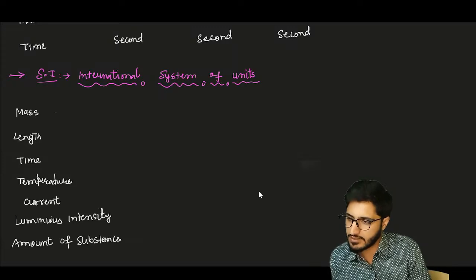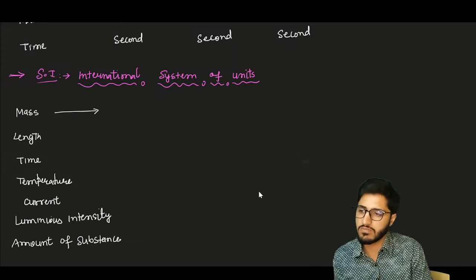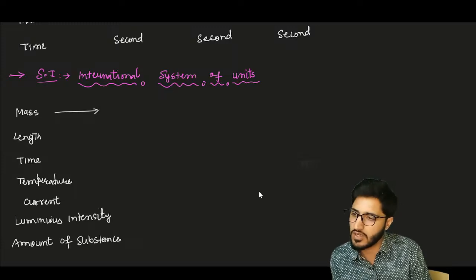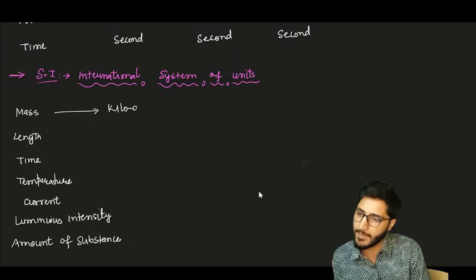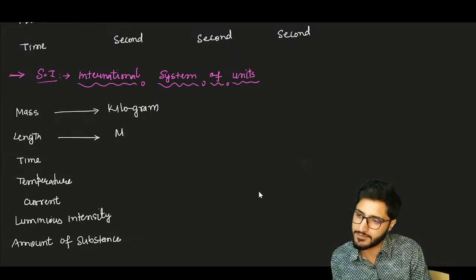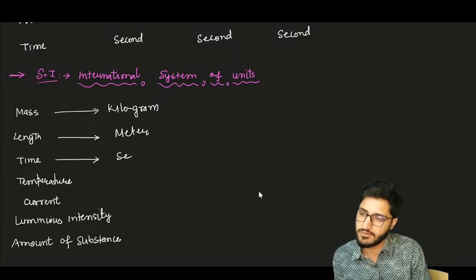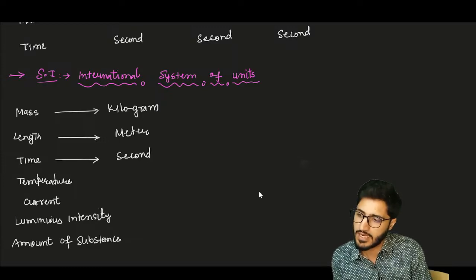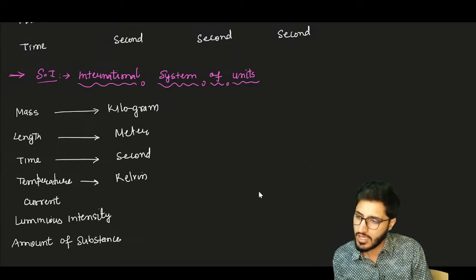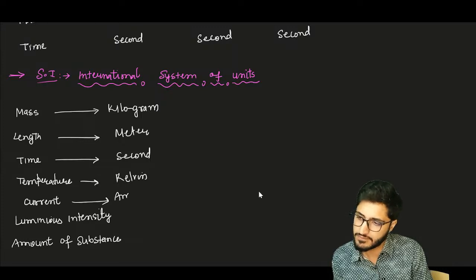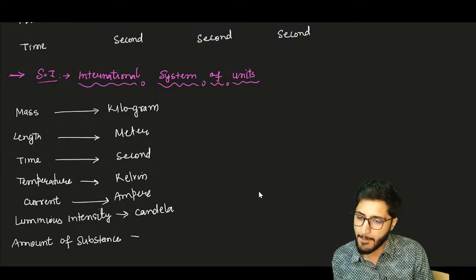So the unit for mass is kilogram. For length, it is meter. For time, it is second. Temperature is Kelvin, current is ampere, luminous intensity is candela, and amount of substance is mole.